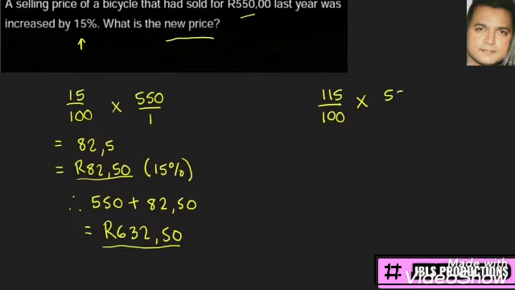So we have 550 times 1.15. Now when you punch this into the calculator, you will arrive immediately at the new price for the new year. Now that is another method which is quicker, but if you don't understand this, either method will be marked correct in your exams.